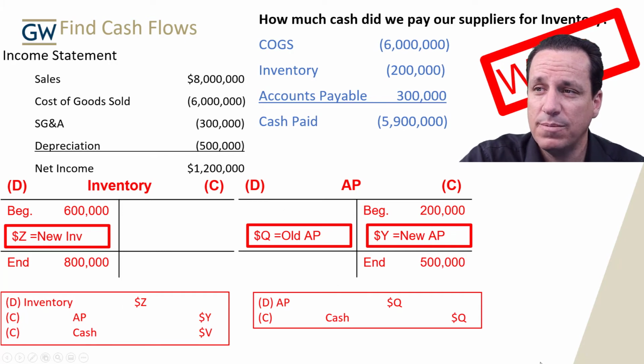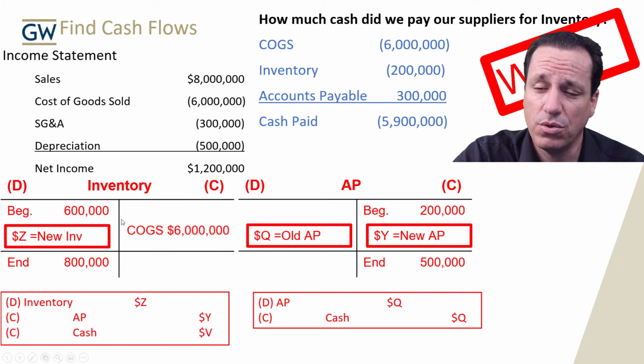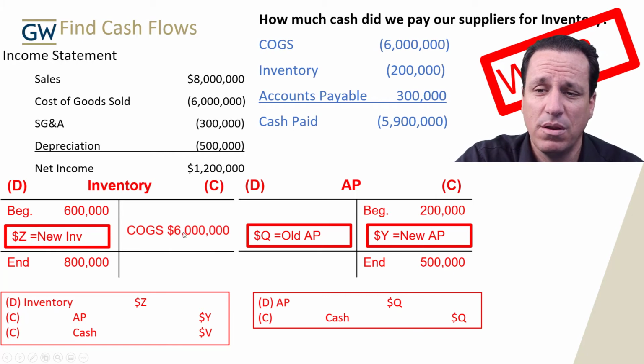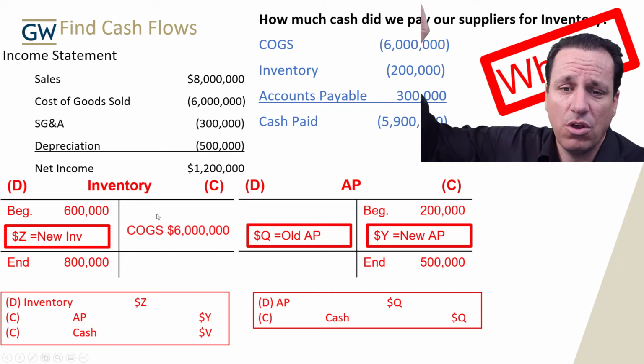Well, the nice thing is that the journal entry for inventory leaving the account is going to be the cost of goods sold journal entry. So the cost of goods sold amount is always going to be the credit to the inventory. Now, don't get confused here. I put cost of goods sold just so that you could see it. Cost of goods sold is on the income statement.